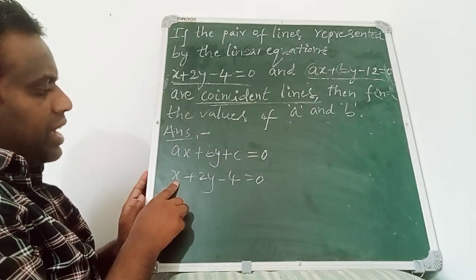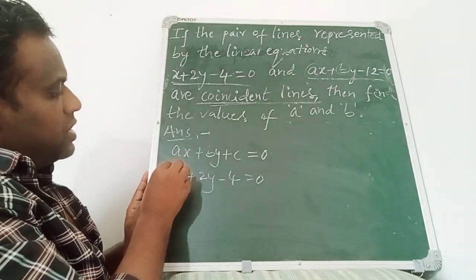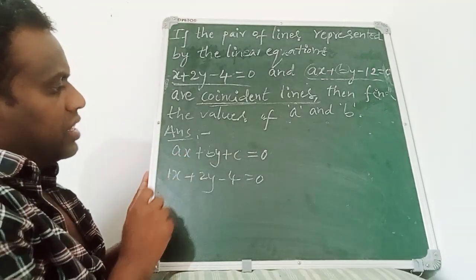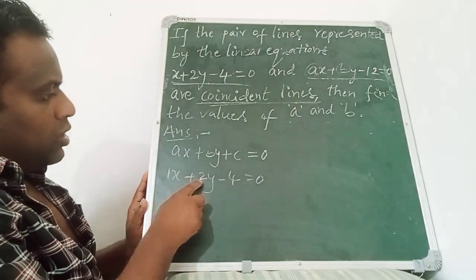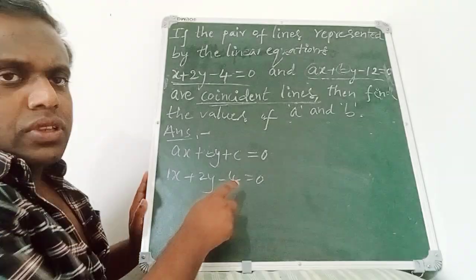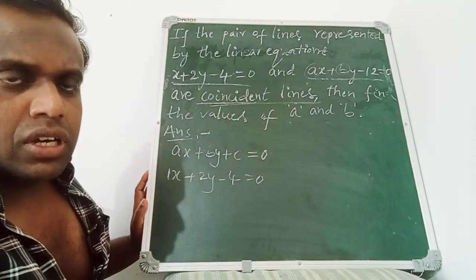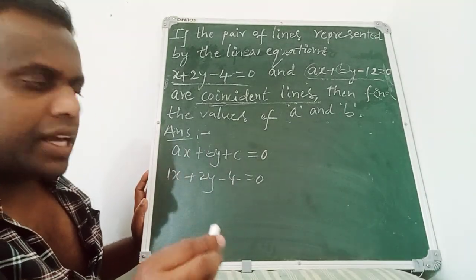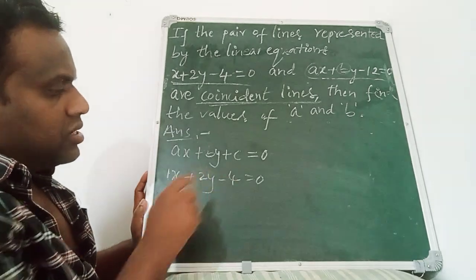Before that, only x is there, here nothing means 1 is there. We have to assume 1 is there. This 1, 2, minus 4, they are numbers. If there is only one equation, I can take this is a, this is b, this is c.